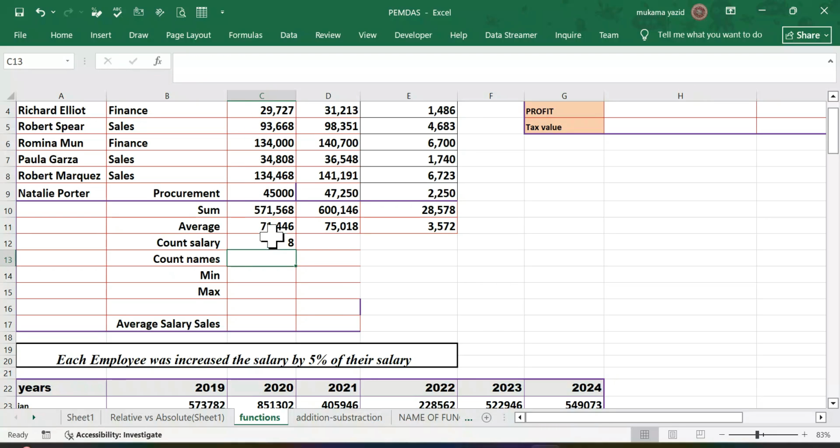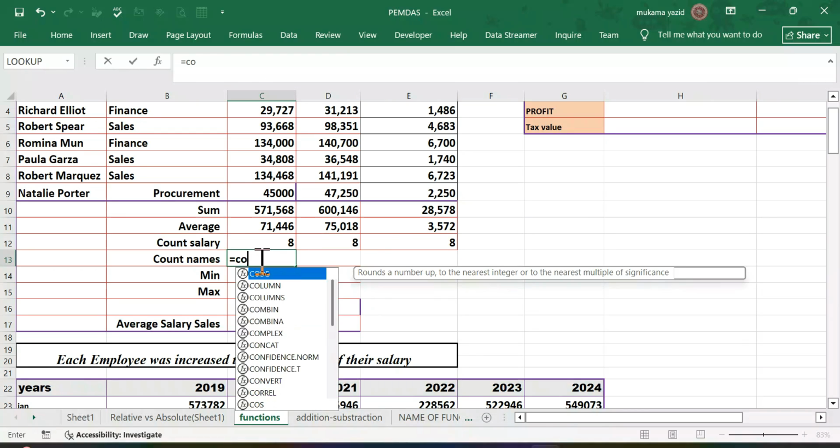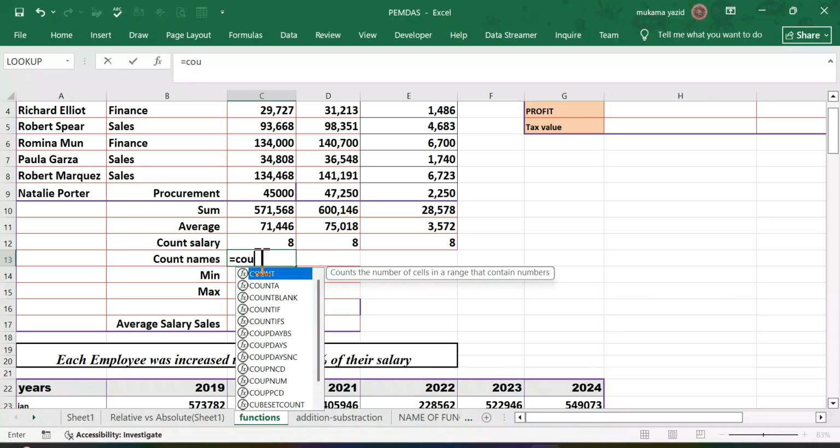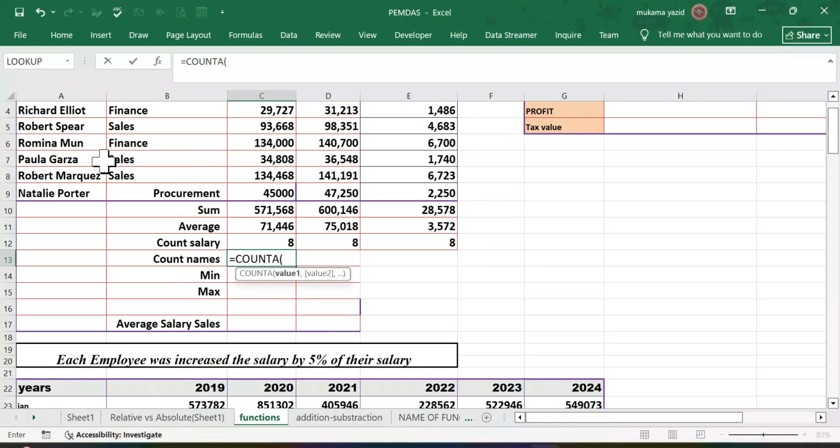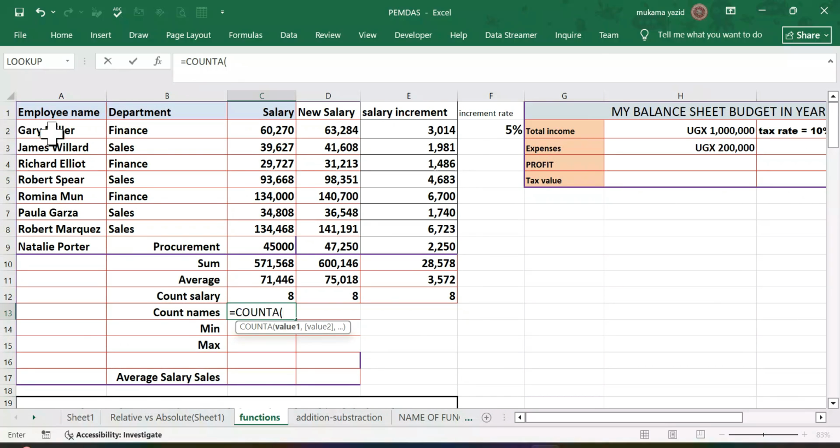Then count name, we use counter. We select it, press the tab key to select count names. These are the employee names, just select them and press enter. I think they are 8.